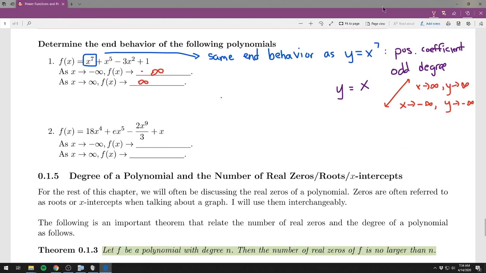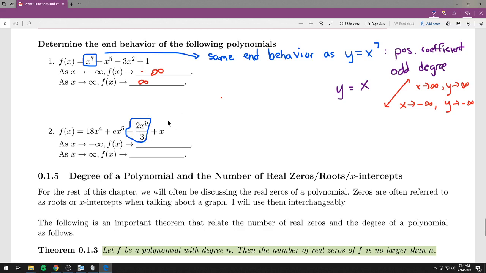All right, number two, we do the same thing. We want to figure out the end behavior of f of x equals 18x to the 4th plus x to the 5th minus 2x to the 9th over 3 plus x. We look at the leading term, which is negative 2 over 3 x to the 9th.